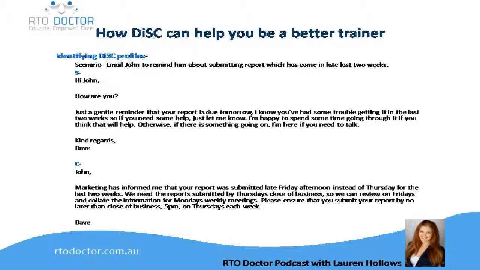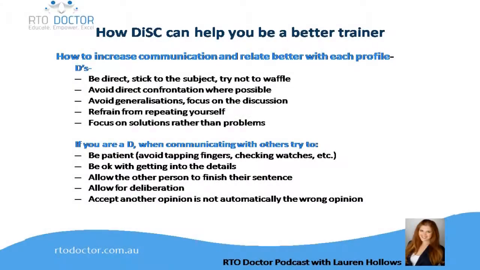So just really briefly, what are some of the quick ways that, once we can start to understand people's profiles, we can better relate to them and more effectively communicate with them? And also, if we can recognize one of those profiles in ourselves, how can we more effectively communicate and reduce those very high level behaviors ourselves.